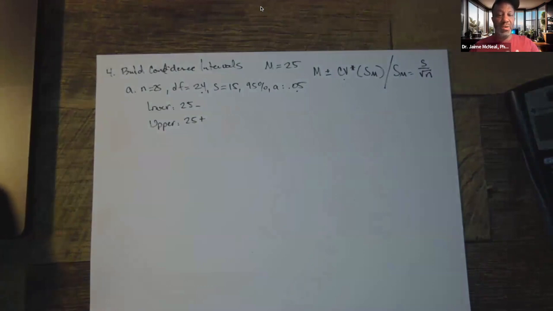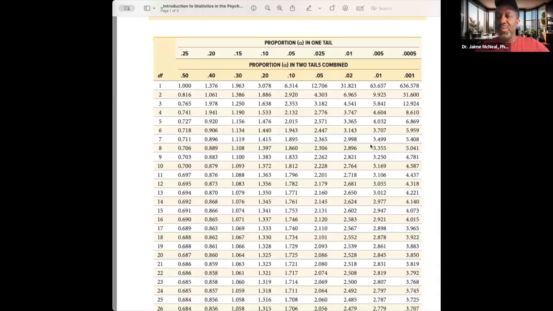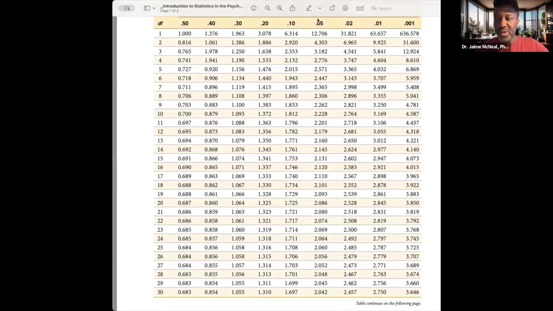So if we go very quickly to the table, we want two-tailed 0.05 because we're doing a 95% confidence interval, and we want degrees of freedom 24. To go all the way down to 24, it is 2.064. 2.064 right there, right?